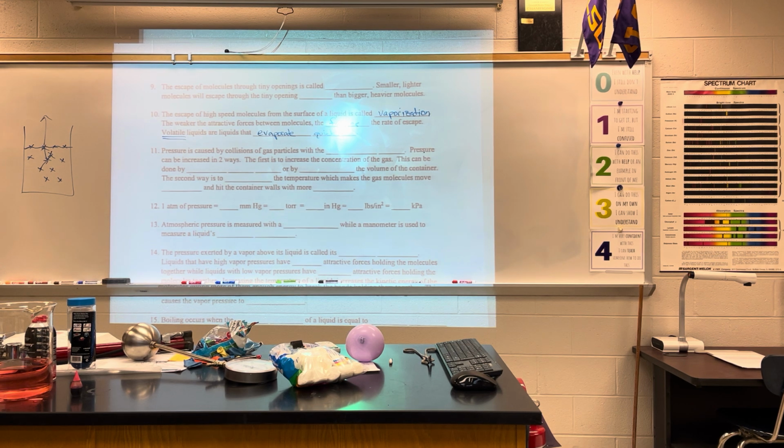So again, remember, if it's a closed container, that water comes up in here, and now we have the vapor pressure. If it's evaporating quickly, if it's a volatile liquid, what does that mean about its vapor pressure? It's going to be high, because let's flash back to before spring break. What causes pressure? It's right there on that sheet.